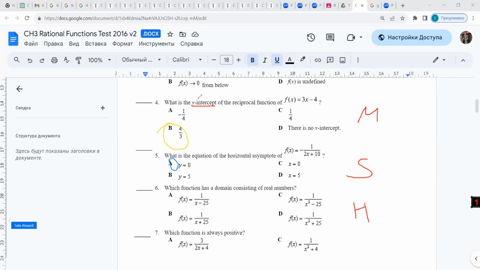What is the x-intercept? When we have a coordinate axis, the x-intercept is the point where the graph crosses the x-axis, which means the y value for this point is y equals 0. That's obligatory. That's the only way for an x-intercept to occur.